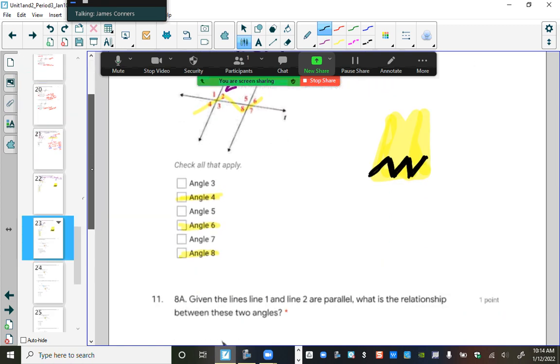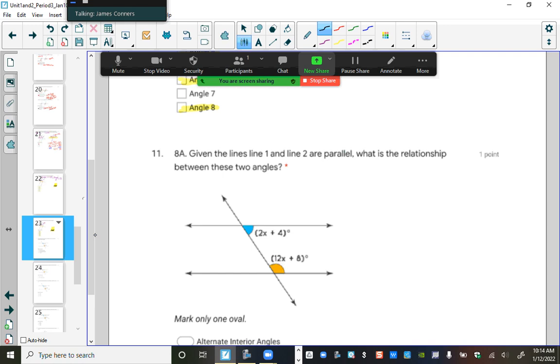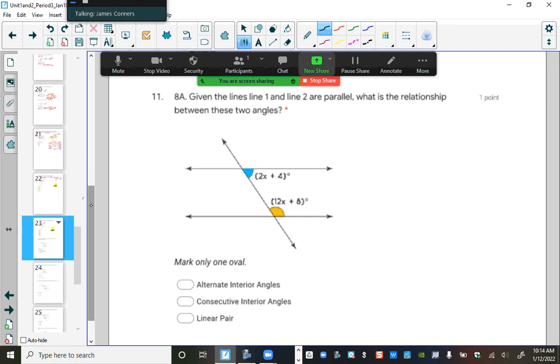Start with this problem. Okay, look at this first problem here. Notice the two angles that are indicated. Well, right away, the first part of this problem is what type of relationship is between these two angles. Look where they are.